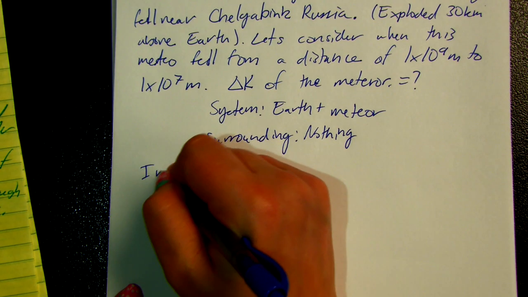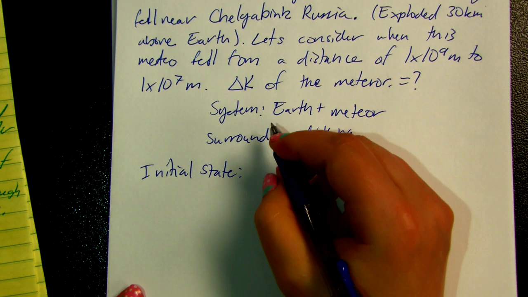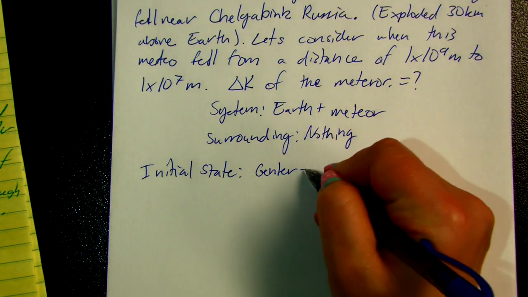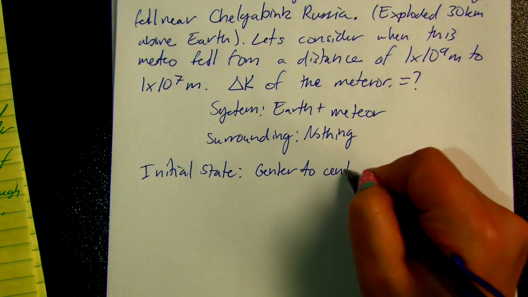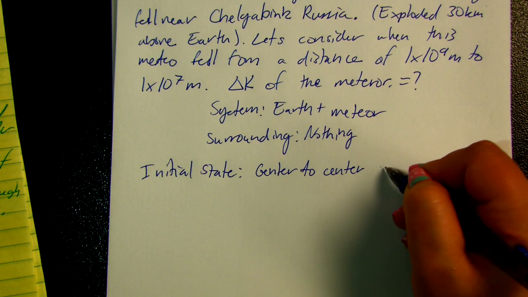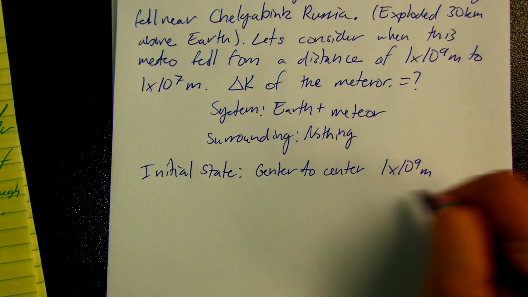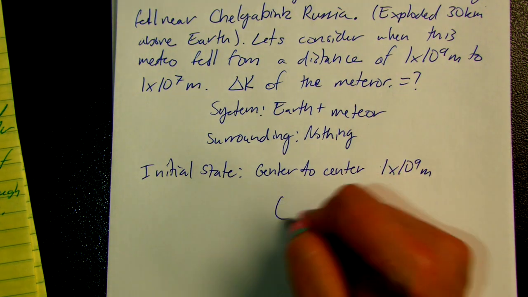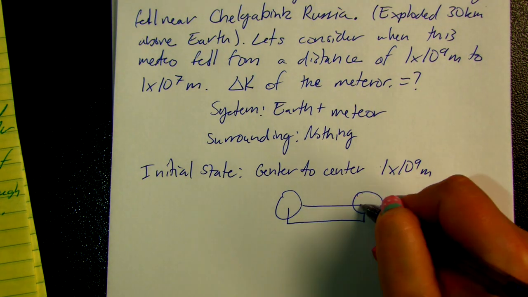Okay, so the initial state is given in the problem. We have a center to center distance of 1 times 10 to the 9 meters. Always make sure that you're dealing with center to center, because that radius is the distance from here to here, not here to here.